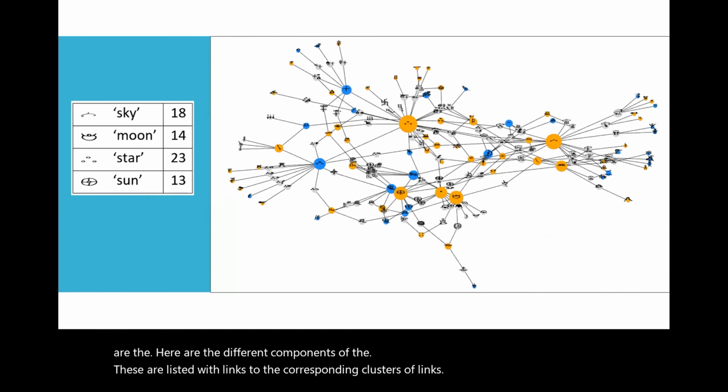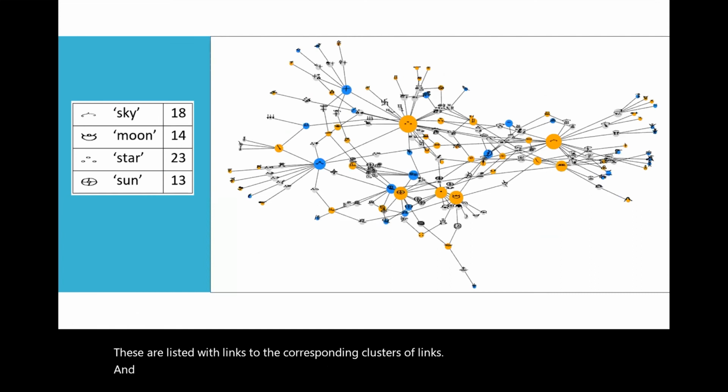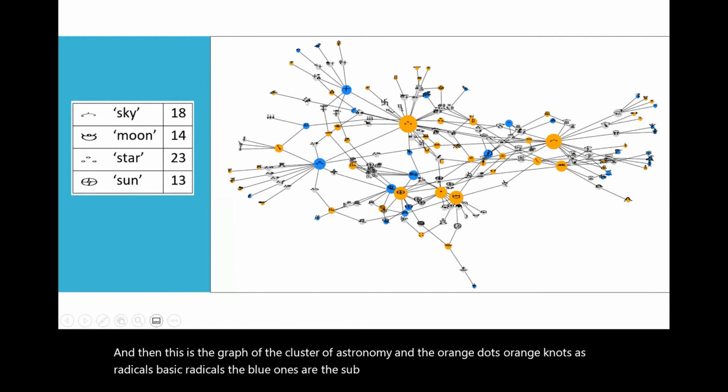And then this is the graph of the cluster of astronomy. The orange nodes are the radicals, the basic radicals. The blue ones are the sub-radicals, and the gray ones are the individual glyphs.